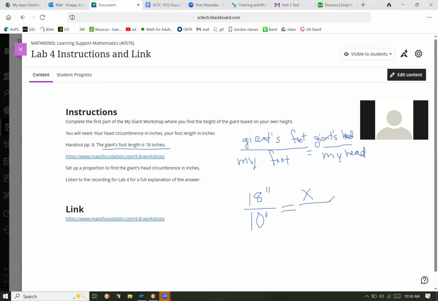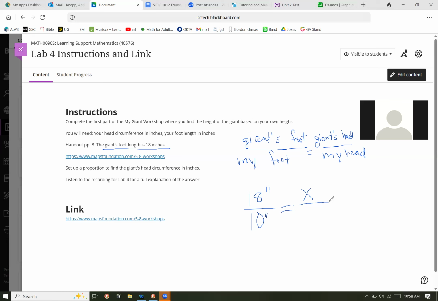Actually, I don't even need a tape measure. I can just measure it with a string or a scarf or something, and then set that next to the unit. So I'm just going to take a scarf, wrap it around my head. So that gives me the length using a ruler.